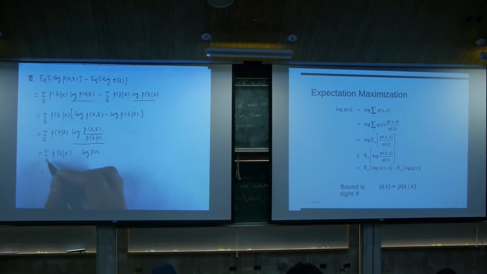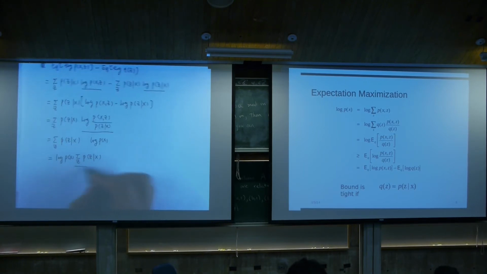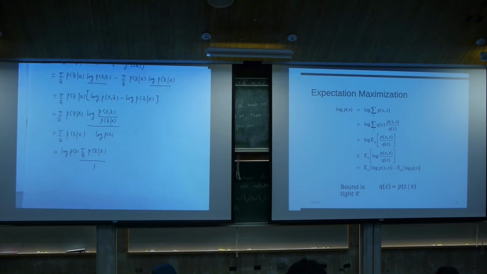And the summation is over Z, so you can take log P(X) out. The sum over Z of P(Z|X) is 1. So finally we get log P(X).